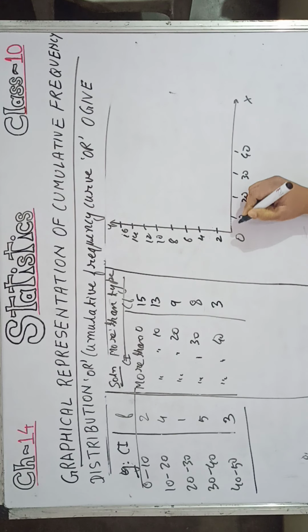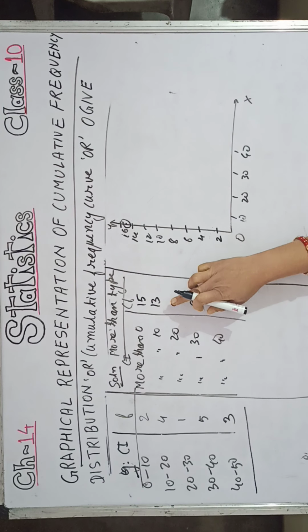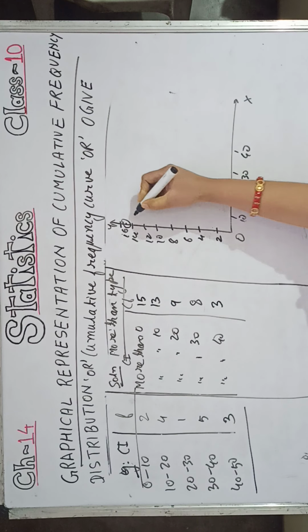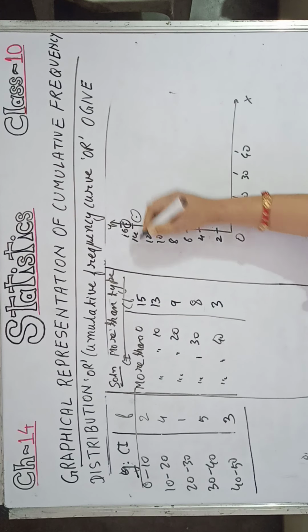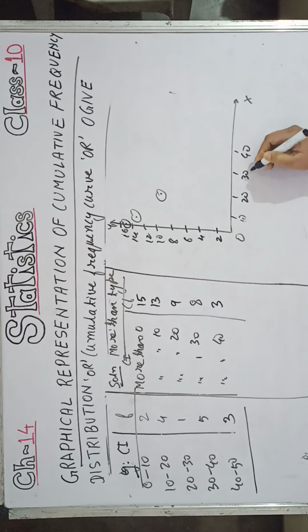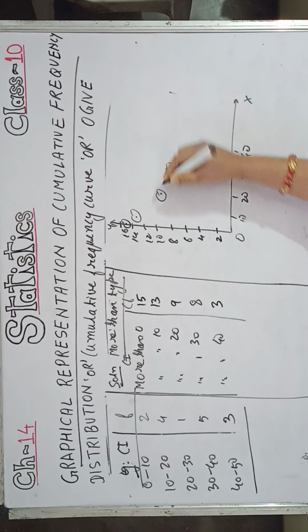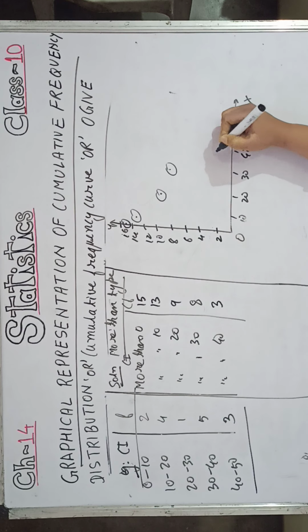So 0 and 15 is here. Then 10 and 13 is here. Then 20 and 9, which will be to some extent here. Then 30 and 8 will be here. Then 40 and 3 will be here.